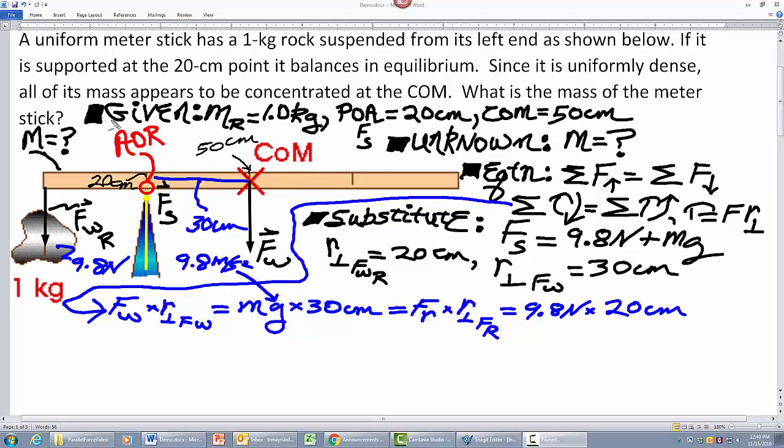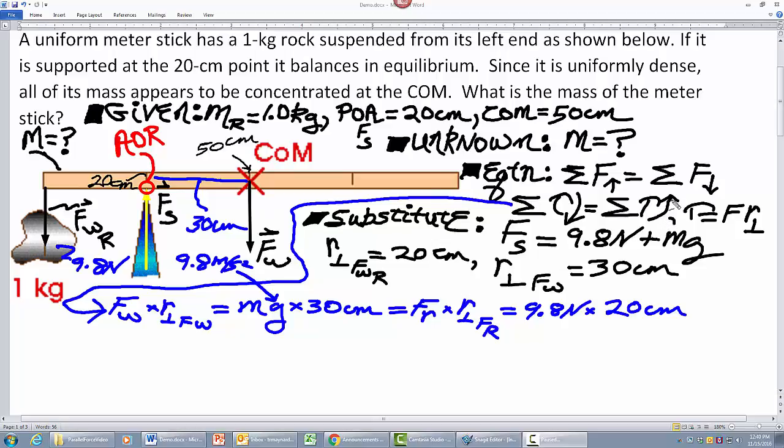Therefore, the weight force has a clockwise torque. So the sum of the clockwise torques is simply the torque of the weight force, which is the magnitude of the weight force times its moment arm. Weight is mass times the acceleration of gravity. We know that the acceleration of gravity is 9.80 meters per second per second. The unknown that we're trying to find is the mass of the meter stick, so we write M for that. Its moment arm is 30 centimeters, as shown before.